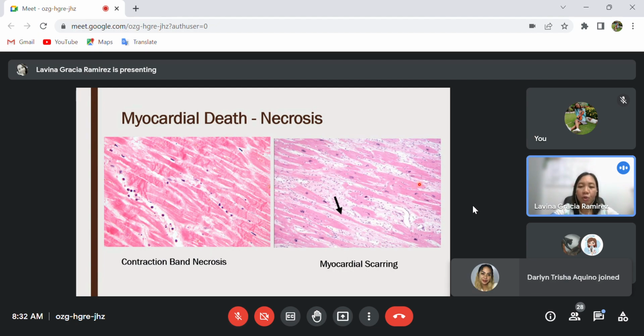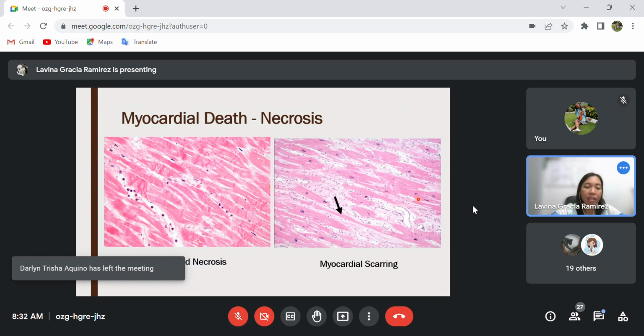Ayan, ito yung myocardial scarring, medyo nasa stage na pwedeng mag-lead to heart failure. Okay, however, sabi ko kanina, since the heart has this greater reserve, myocardial regeneration is still limited.